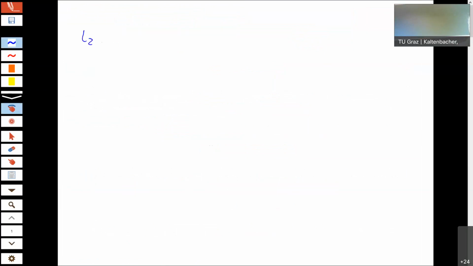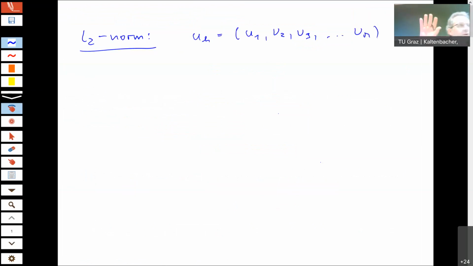We have the L2 norm mostly written in this form, and we have here U_h, which is, let's say, U1, U2, U3 until U_m. So we have discretized our domain, and at all the nodes we are searching for our unknown U. Since it is a vector, I write it transposed.